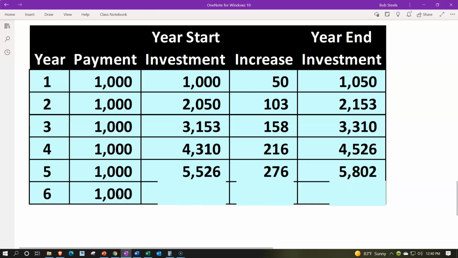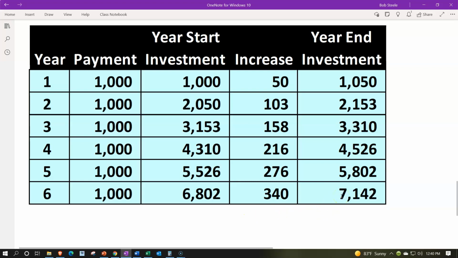Then finally, another 1,000 added at year 6, beginning January. That plus the 5,802 gets us to the beginning balance of the 6,802. And then we have the increase, 6,802 times 5% gives us the 340. We can then add the 6,802 plus the 340 to get to the ending balance of the 7,142.